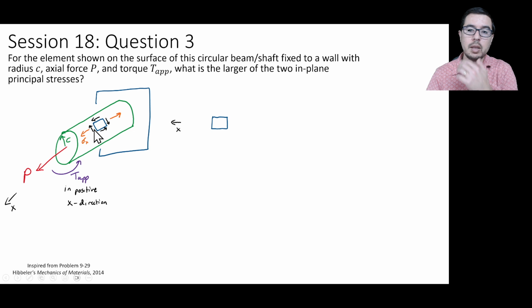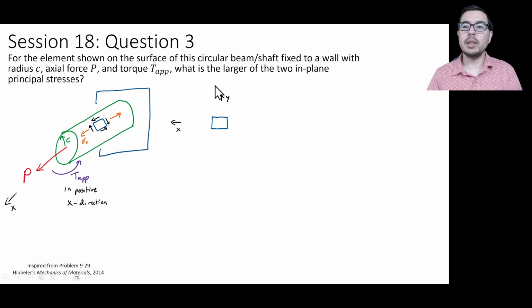I'm going to think about positive x coming out here, and then a y in this direction. Now, this is maybe a little bit tricky, because this would then mean that z is going into the board. But let's just go ahead and leave it as is right now.